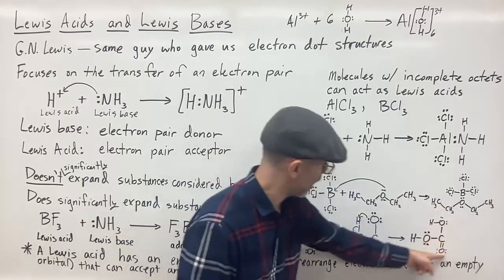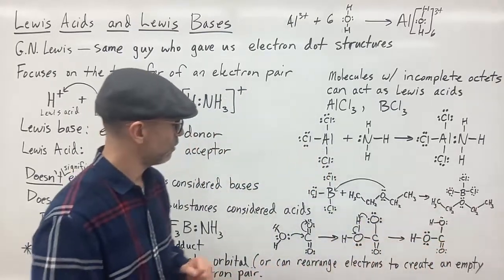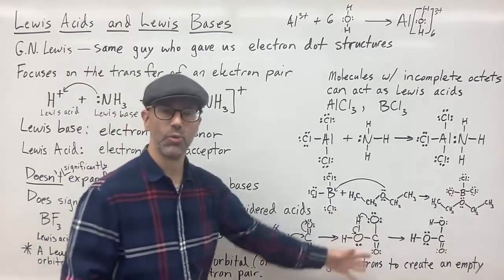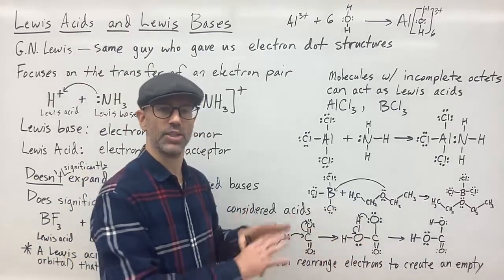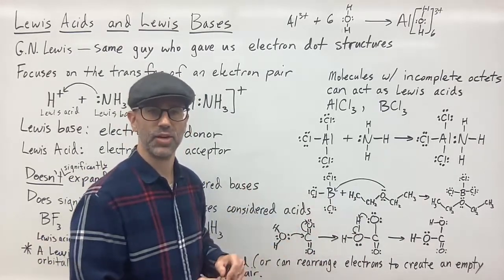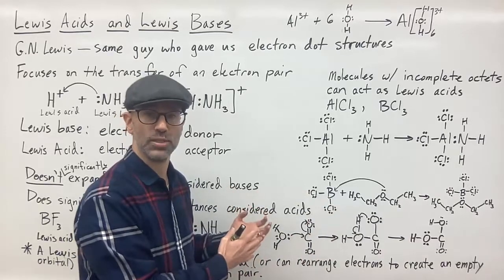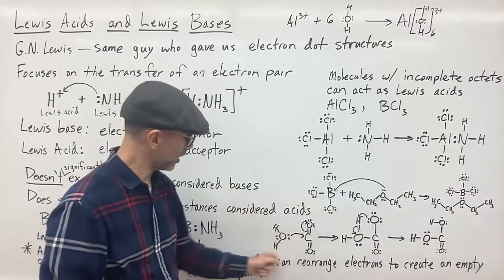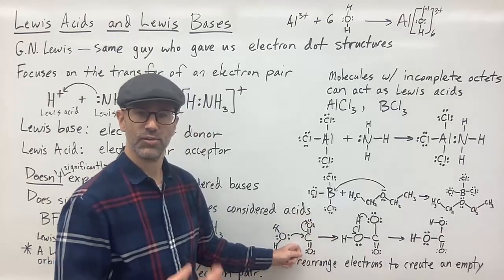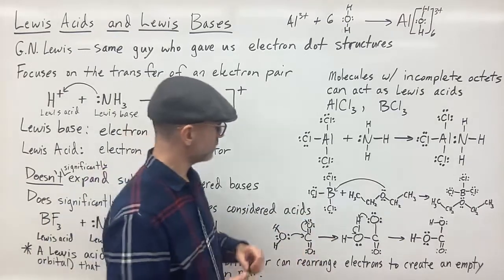And so now we have our carbonic acid from adding carbon dioxide to water. So here we have a rearrangement of electrons to create open orbitals or empty orbitals that can accept the electron pair from a Lewis acid. So water here ends up being the Lewis base, and then carbon dioxide here is the Lewis acid.